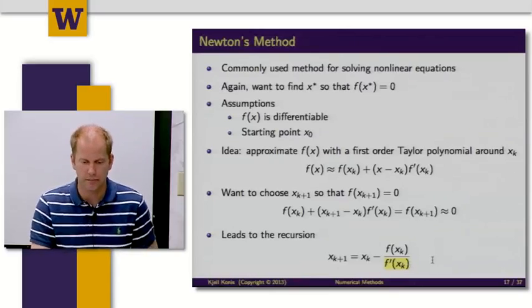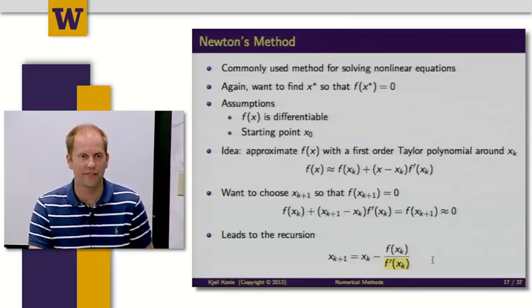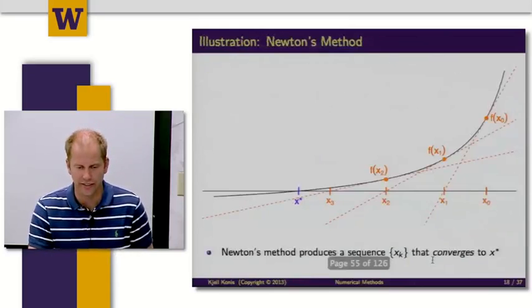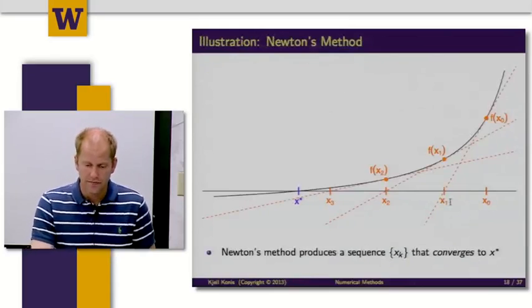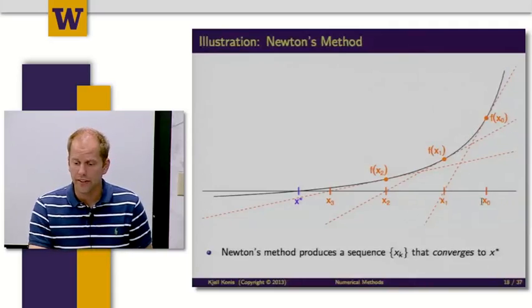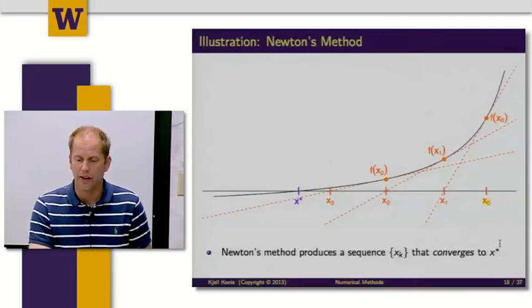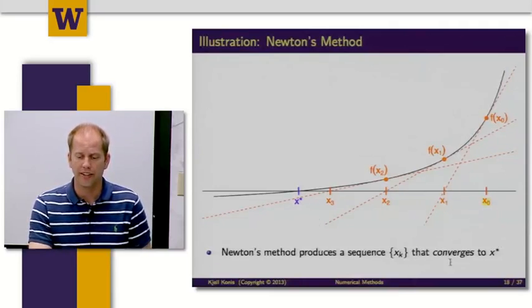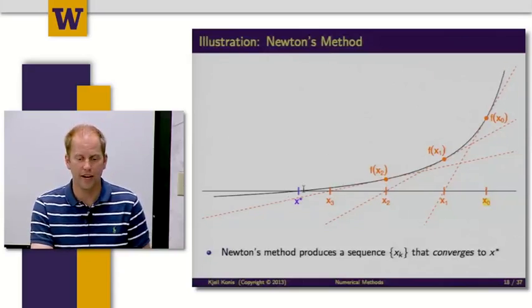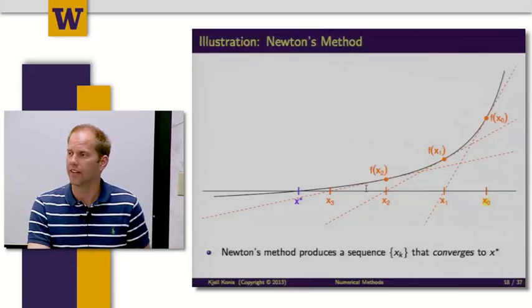And again, I made a picture of this, so I think it'll be easier to see what's going on if I just draw it. Starting from this point x0, I want to build a sequence x1, x2, x3 that's going to converge. The curve here is my function f of x, and I'm looking for this point x star that I made in blue, where f of x is equal to 0.